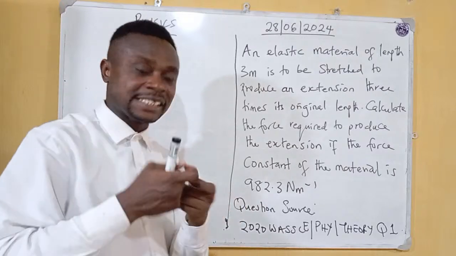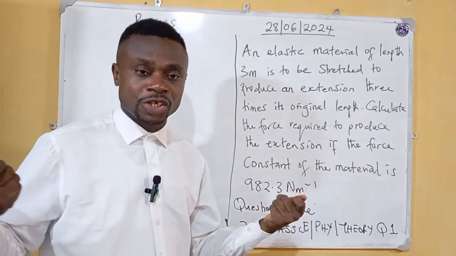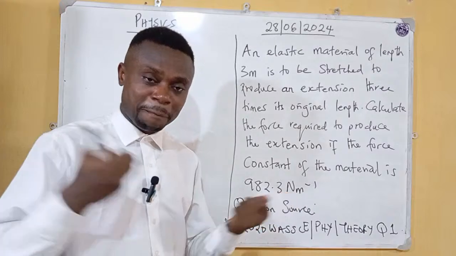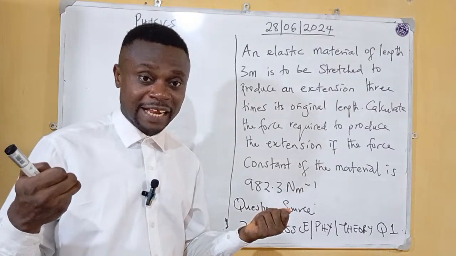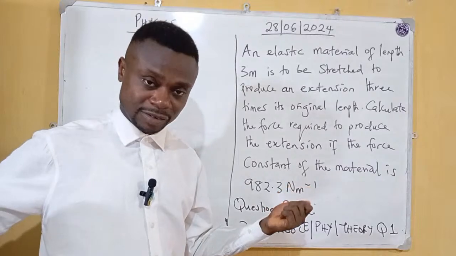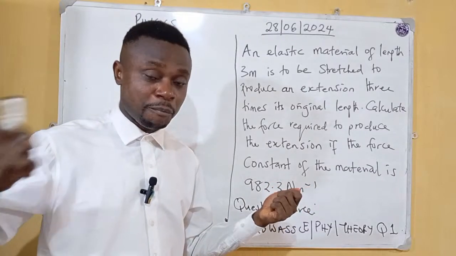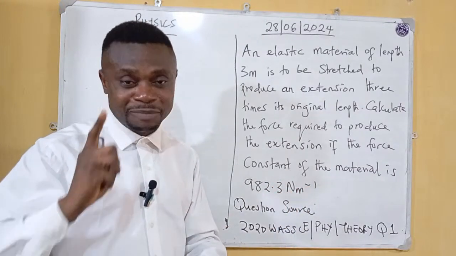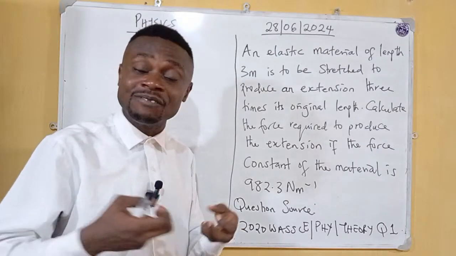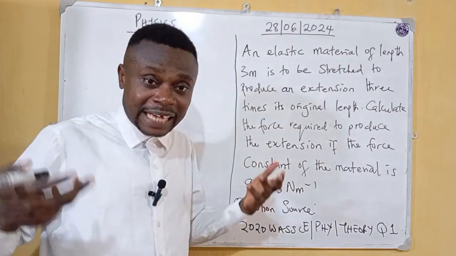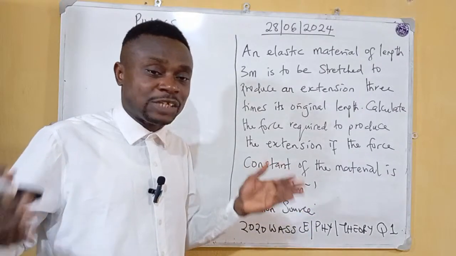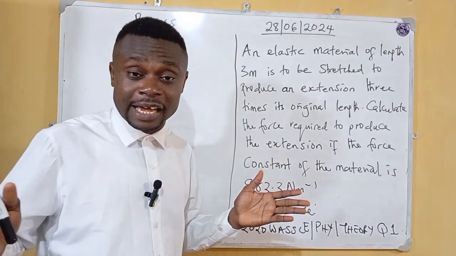So if you have an elastic material, the more force you apply on it, the more the length will increase, provided that the elastic limit is not exceeded, because every elastic material has its own elastic limit, the point at which it will not extend further.